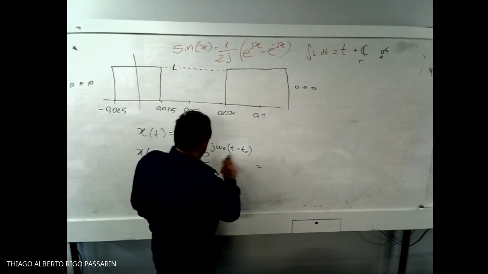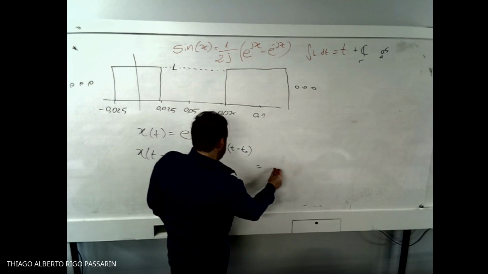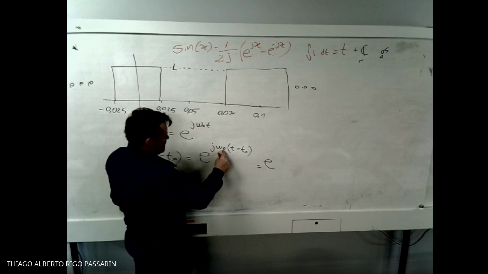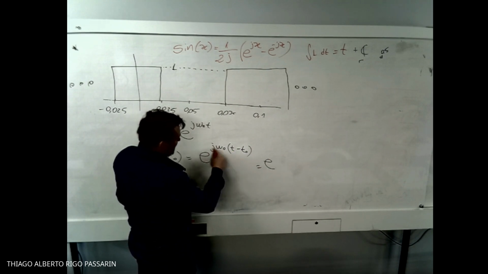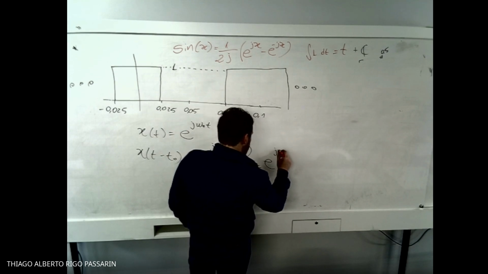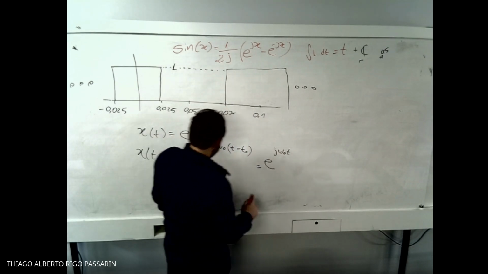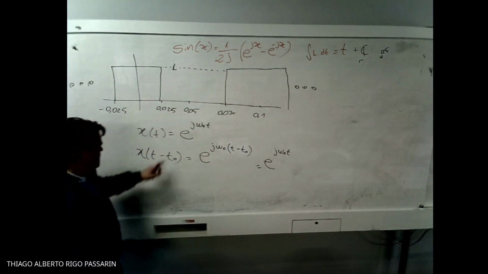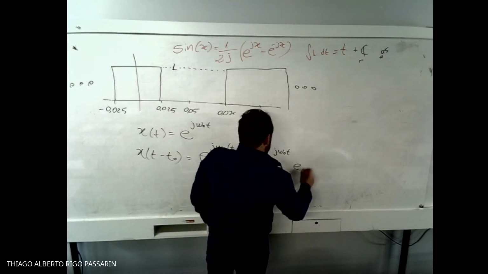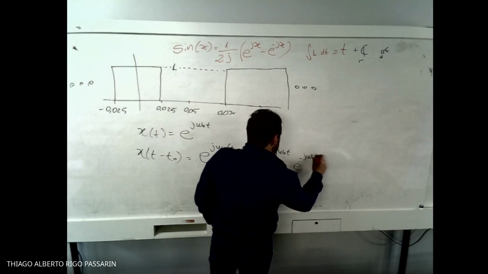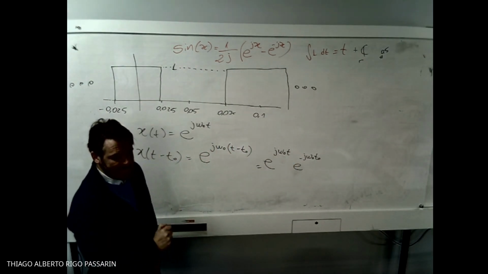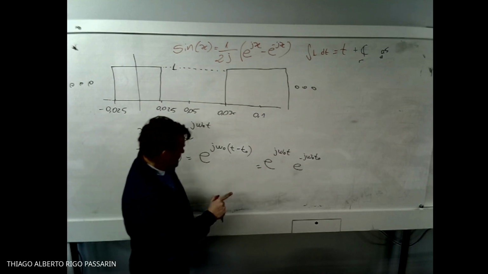So there's this property of the exponentials, which is I can do e to the j omega 0 t times e to the minus j omega 0 t0. E to the j omega 0 t is the original exponential, so it happened again. E to the minus j omega 0 t0 is not a function of t, so it's a scalar, a constant.